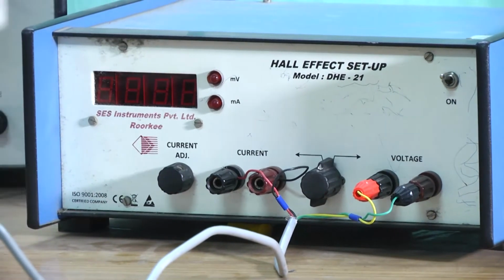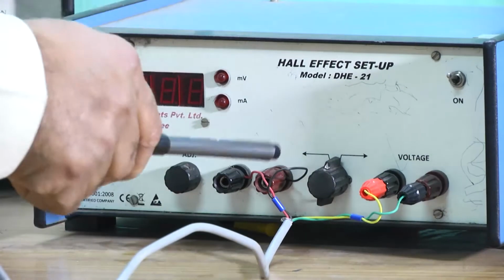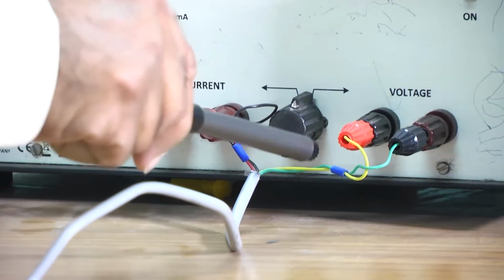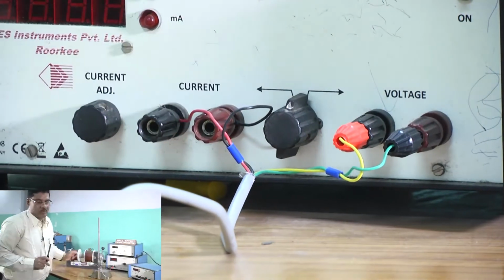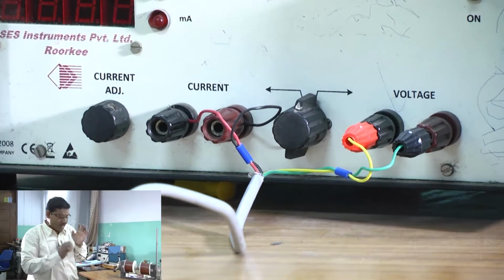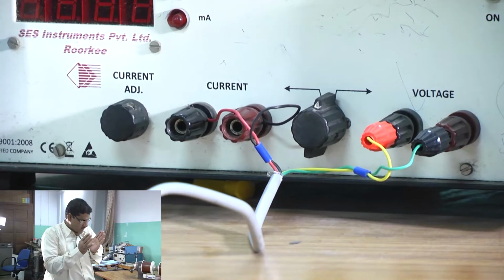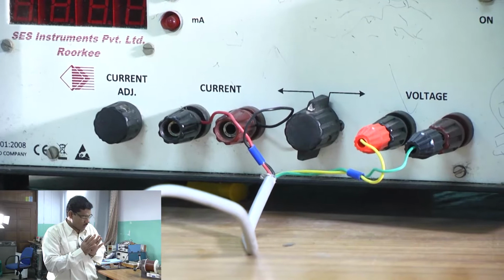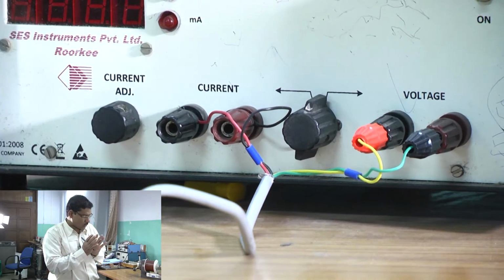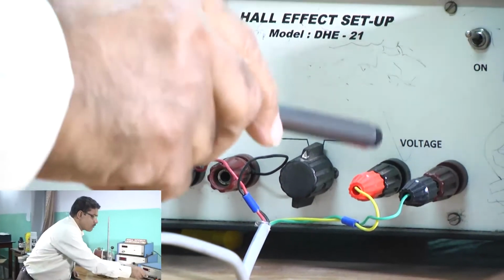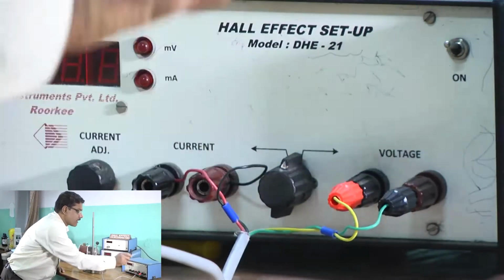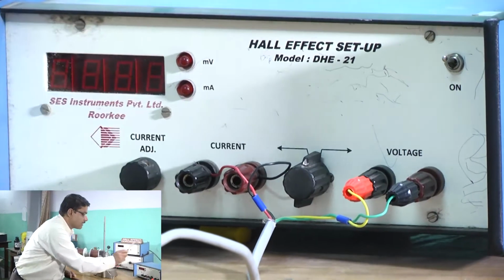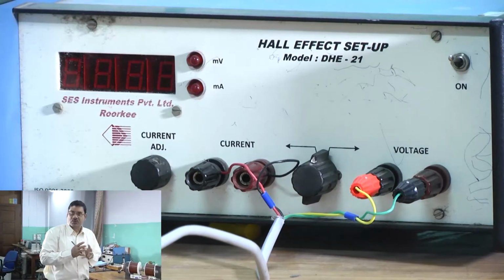Of these 4, 2 are connected with the current and 2 are connected with the voltmeter. The millivoltmeter is inside the box. So, 2 probes are connected with the voltmeter and 2 probes are connected with the constant current source.